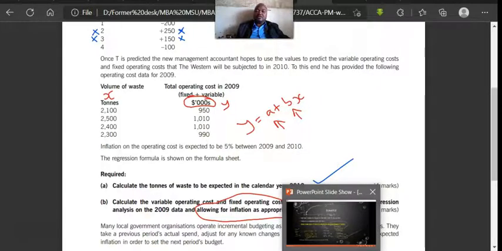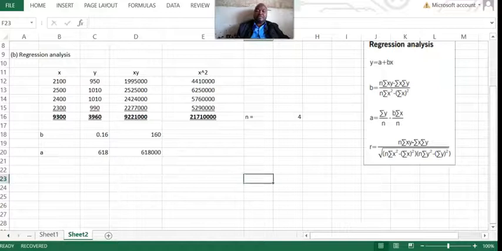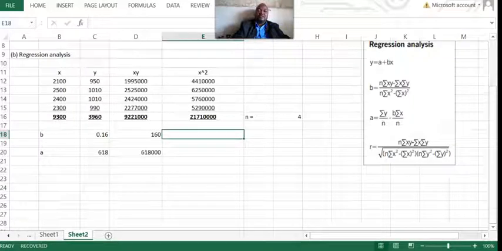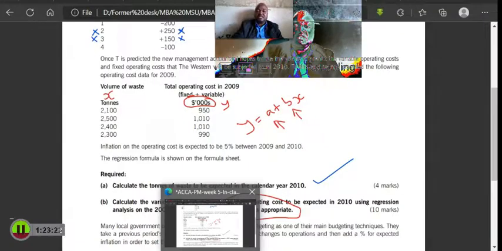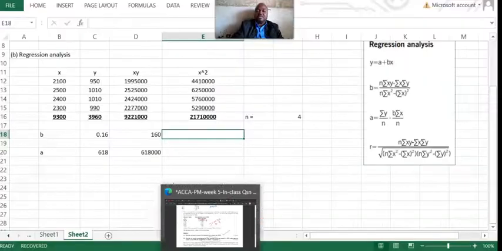So we need to get back to Excel. Remember b is the variable cost per unit. We need to allow for inflation, and we are told from the question that inflation is expected to be 5% between 2009 and 2010.